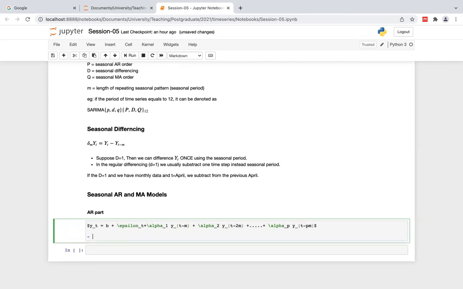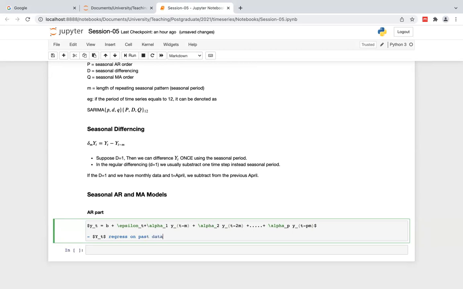Actually, what happened to y sub t is it actually depends, or it regresses, on usually past data points, right?